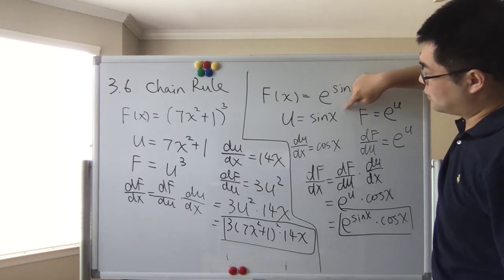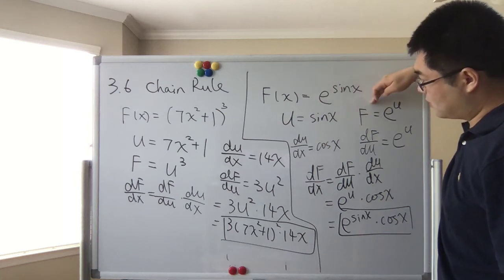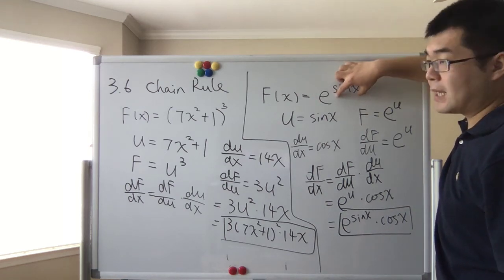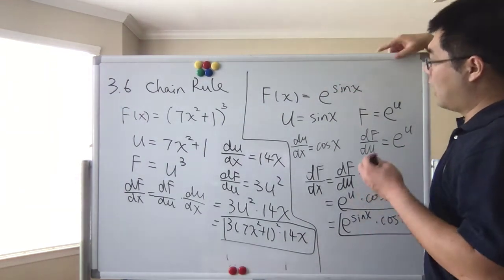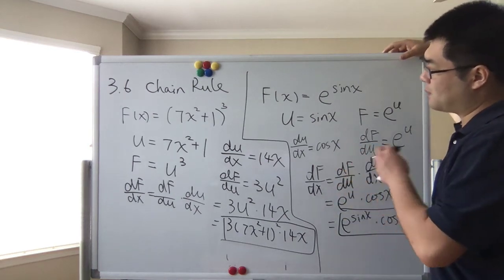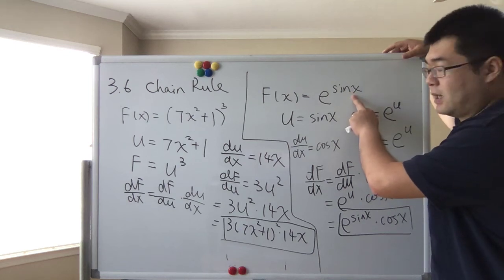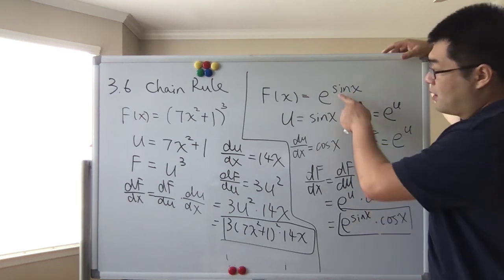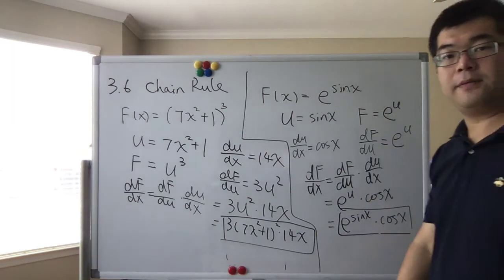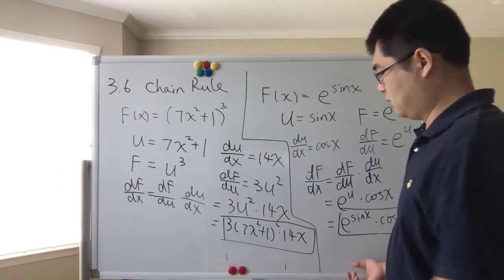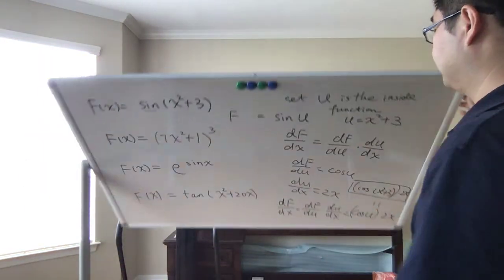So first, I'm taking the derivative of this but considering the inside as a variable for the first stage. That is the derivative of the outside function with respect to the inside function, which is going to be e to the power sine of x, and then times the derivative of the inside function, which is cosine of x. So yeah, now let's see what kind of questions we have.